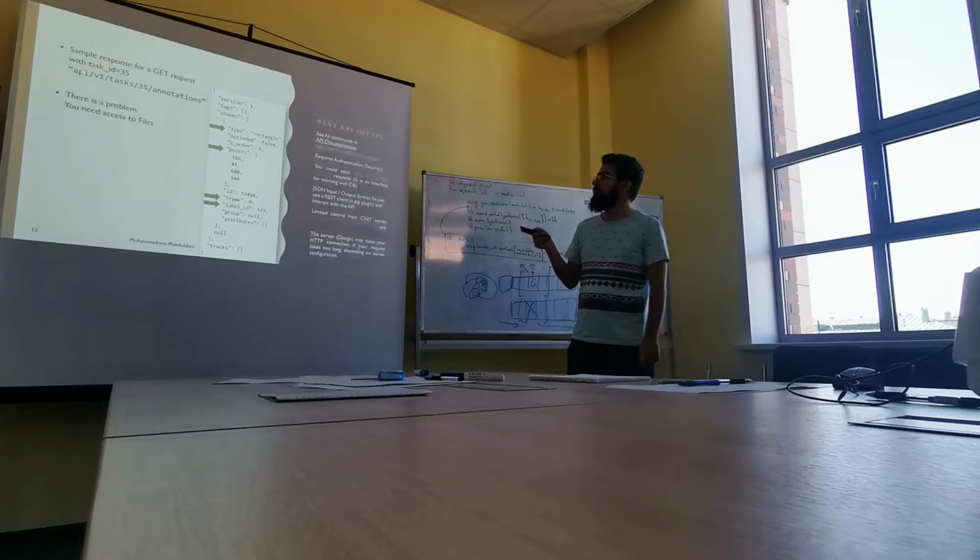For example, a get request to CVAT for task ID 35, to this address, task 35 annotations. Give me the annotations of task 35.